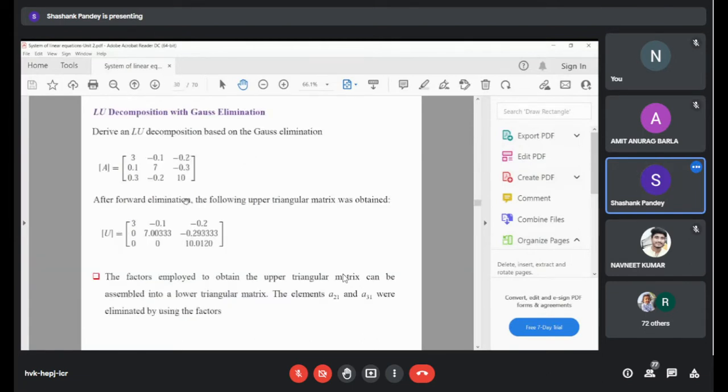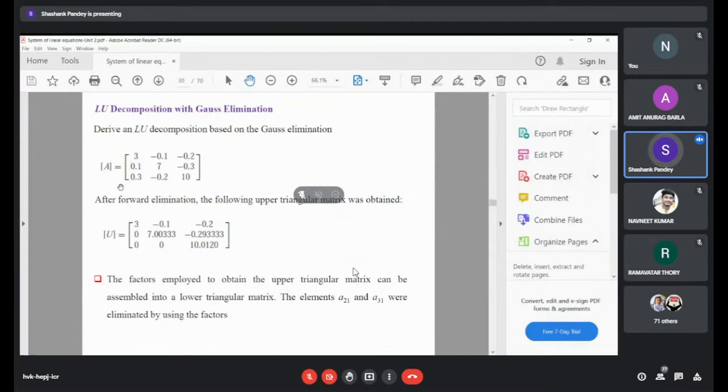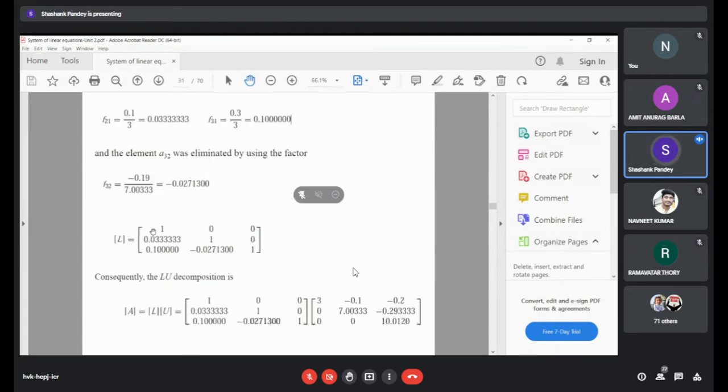Here we can see that this was the upper triangular matrix of this given matrix. This upper triangular matrix we are representing by U for upper triangular. Now coming to the factors, these were the factors which were used to eliminate x1 from equation number 2 and equation number 3.